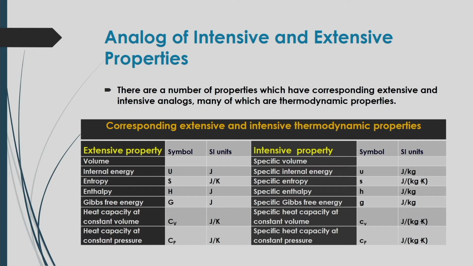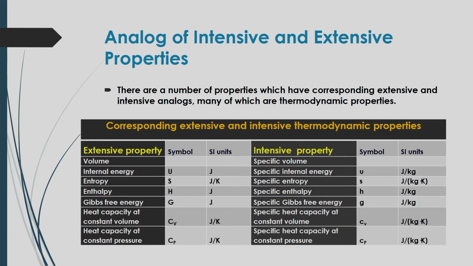Similarly, entropy is an extensive property, then specific entropy will be an intensive property. Enthalpy is an extensive property, whereas specific enthalpy will be an intensive property. Similarly, other extensive properties given in the table are Gibbs free energy, heat capacity at constant volume, even heat capacity at constant pressure. The respective intensive properties will be the specific Gibbs free energy, specific heat capacity at constant volume, and specific heat capacity at constant pressure.